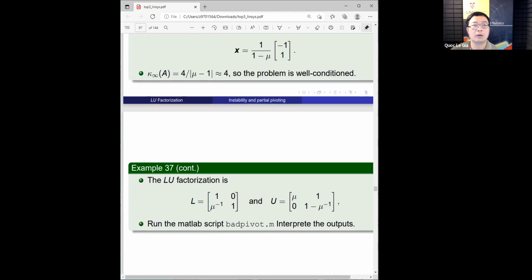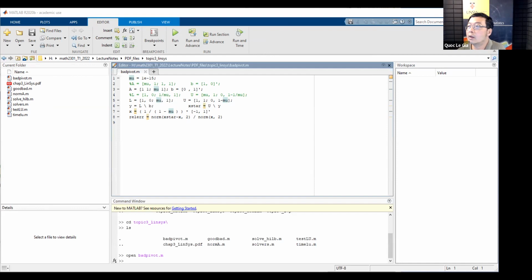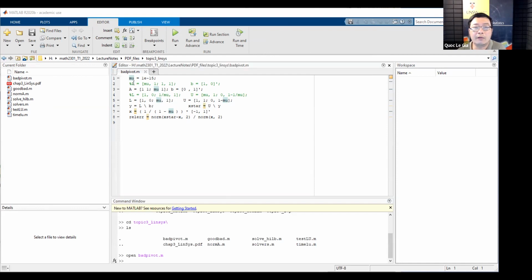Now let me share my MATLAB. Like I said, mu is a very small number. What if I set mu to 10 to the minus 15, and then define the matrix A? Remember the matrix A is 1, 1, mu, 1.